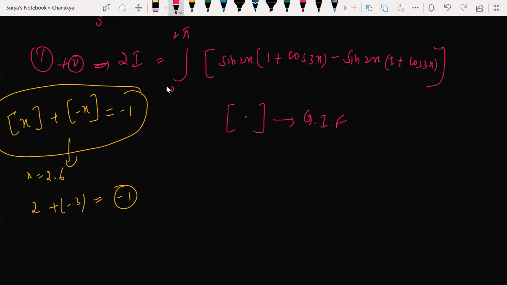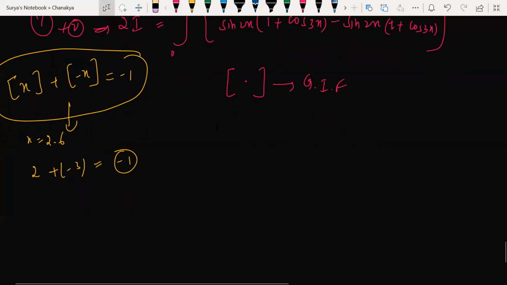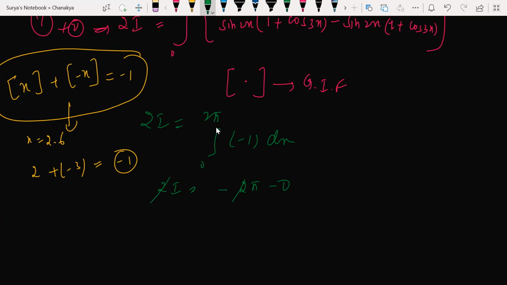Now what is this going to be? 2I is the integral from 0 to pi of minus 1 dx. So 2I is going to be minus 2 pi minus 0. So minus I value is going to be minus 5 is the answer.